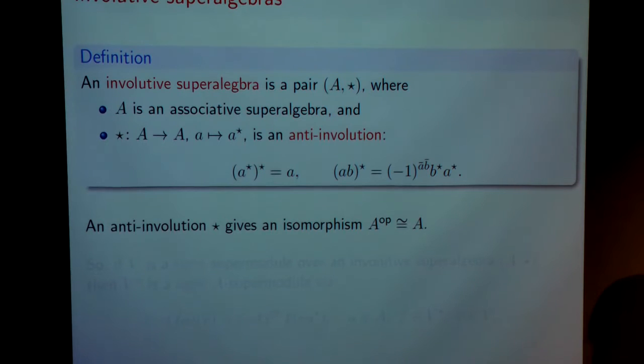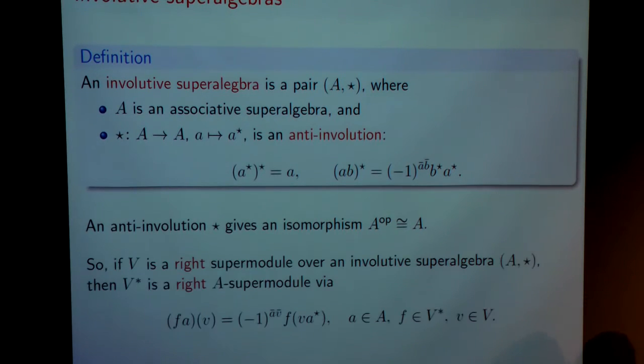Right? That's why we're interested in it. And so now, if we have a right supermodule over one of these involutive superalgebras, then the dual is again a right module. So it's just the action I mentioned before, but now we twist by this involution, and that fixes the fact that it was naturally a left module. Now it's a right module. Okay, so that's the point of involutions for us.